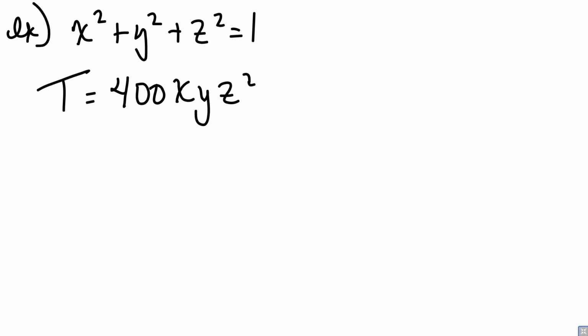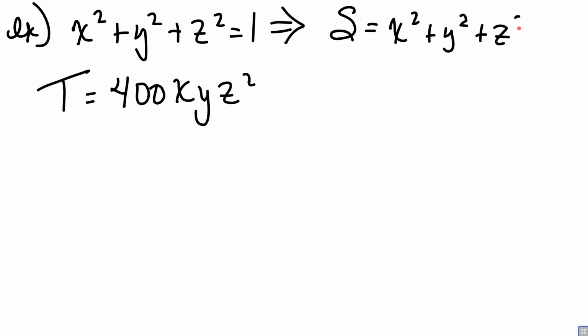So if we take a look at this particular problem, for the first one, we're going to rename this. Since we're working with a sphere, we're just going to call it S, and that's going to be equal to x squared plus y squared plus z squared minus 1.